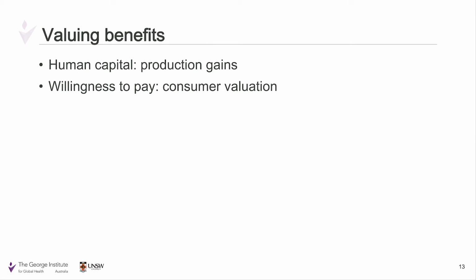So that's a fairly crude way of measuring the benefit of a healthcare program, but it is an approach that has been used in the literature. Another way of valuing benefits is to use what's known as a willingness to pay, and that essentially involves asking consumers or the users of a program how much they're willing to pay for it.